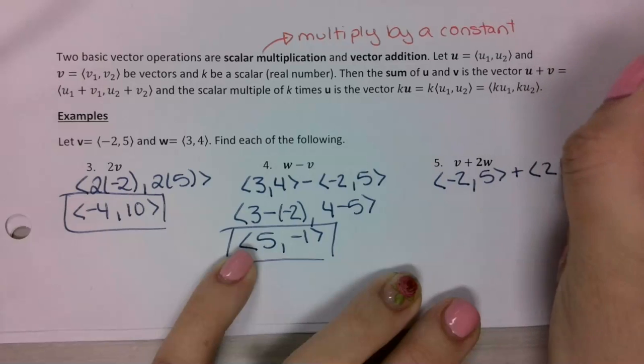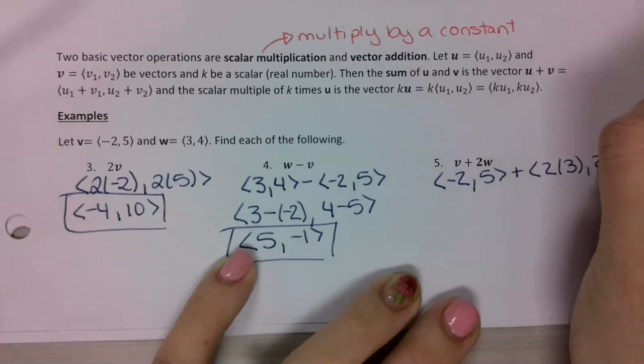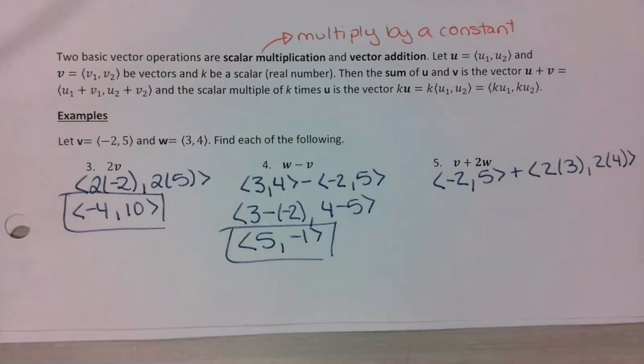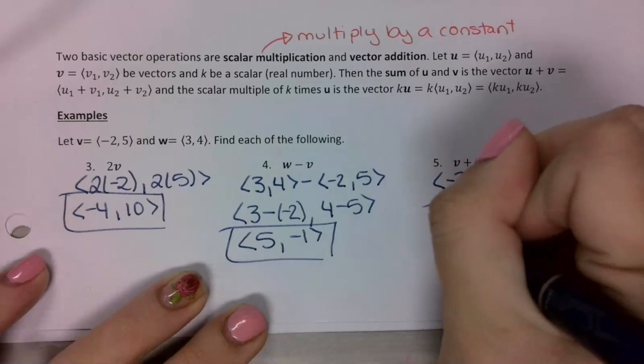So I'm going to multiply each of my coordinates in the w vector by 2. So for now I'm going to leave my v alone.